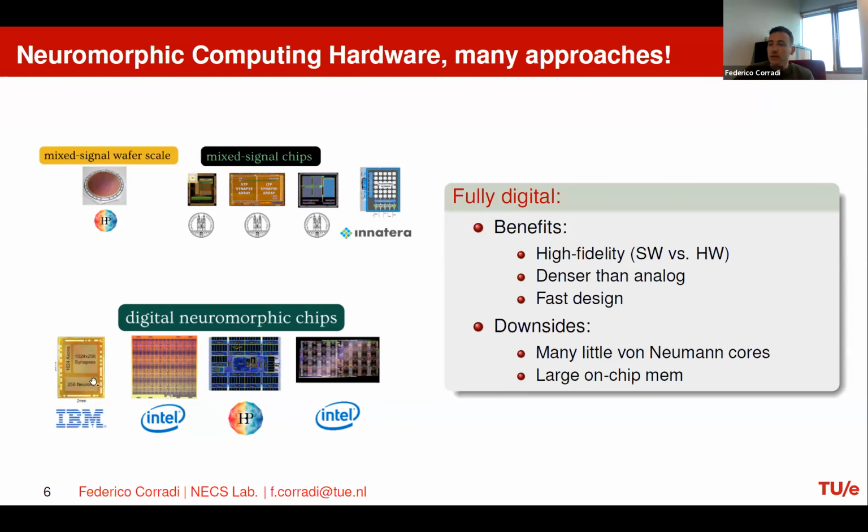And this you can find in IBM, Intel, and also in the Human Brain Project. And of course, the downside also is that they require large on-chip memory because, of course, you need to store the synaptic weights and to store the membrane potentials or the state of the neurons.